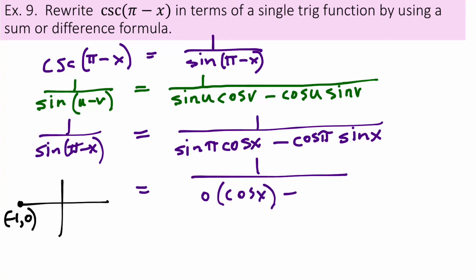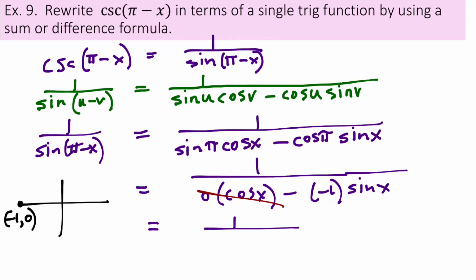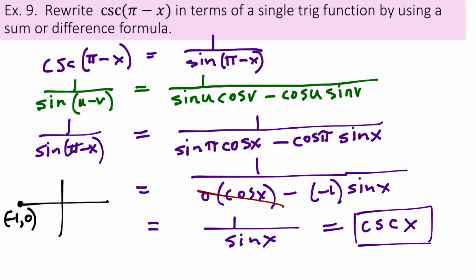The cosine of pi is negative 1, and the sine of x is just sine of x. So I drop out right here. So I'm left with 1 over 2 negatives is a positive, so 1 over the sine of x. So that's equal to the cosecant of x. So that all reduces to the cosecant of x.